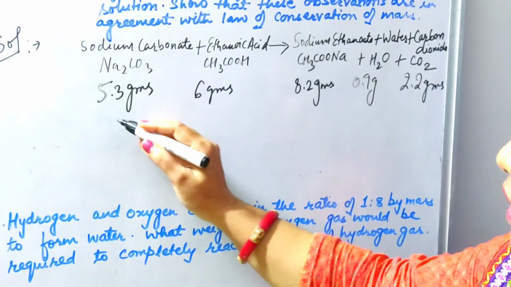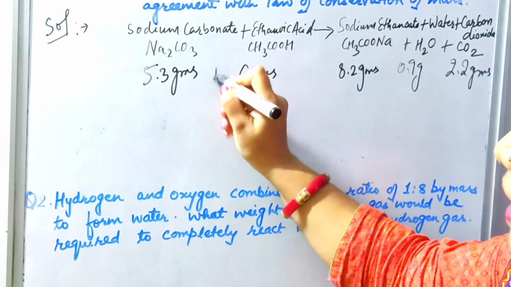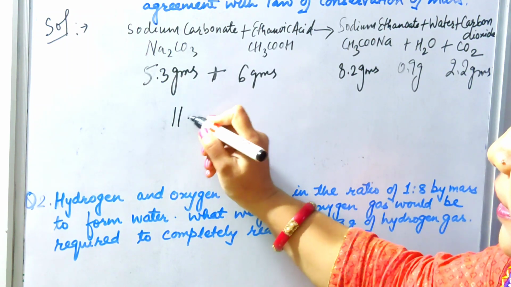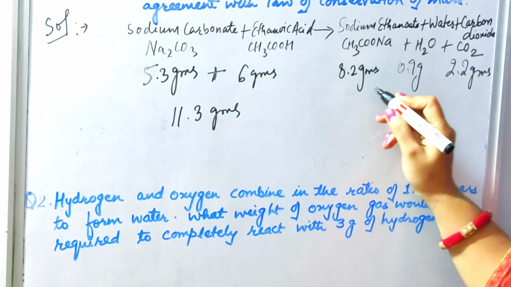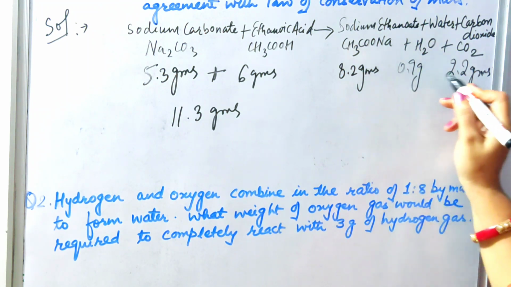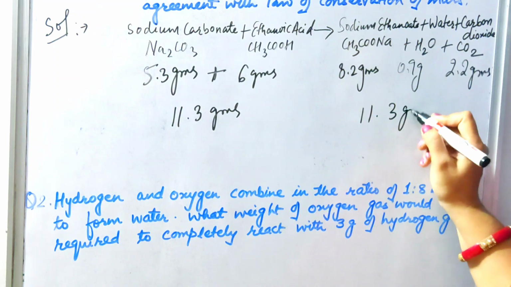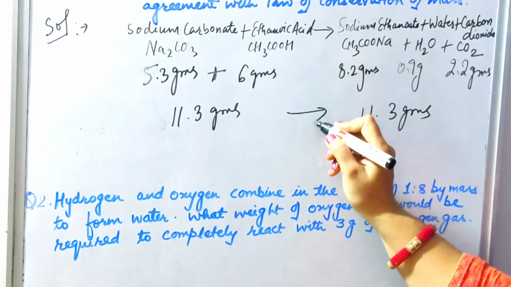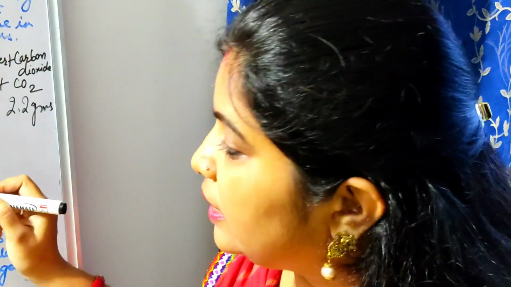So here, when you add these two, you will get 11.3 grams on the reactant side, and here also, when you add it all, you will get 11.3 grams. So you can see that the mass on the reactant side is equal to the mass on the product side.